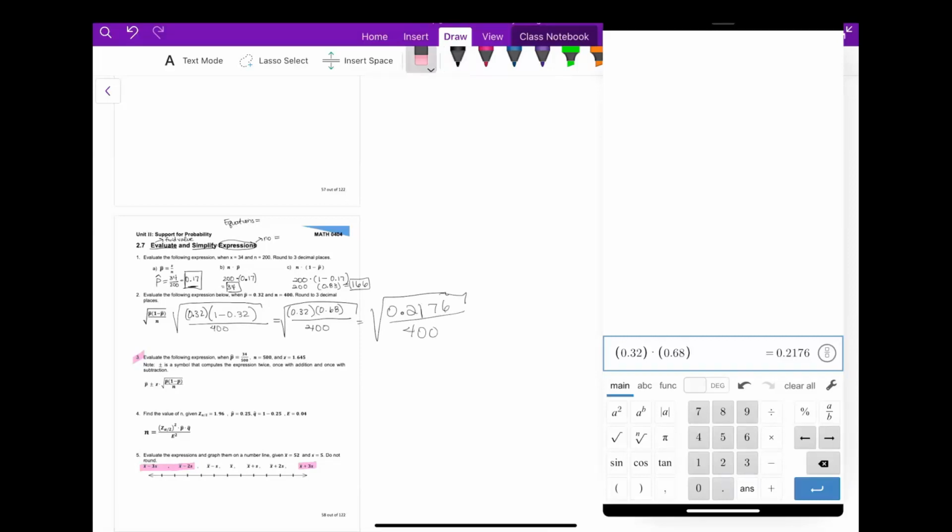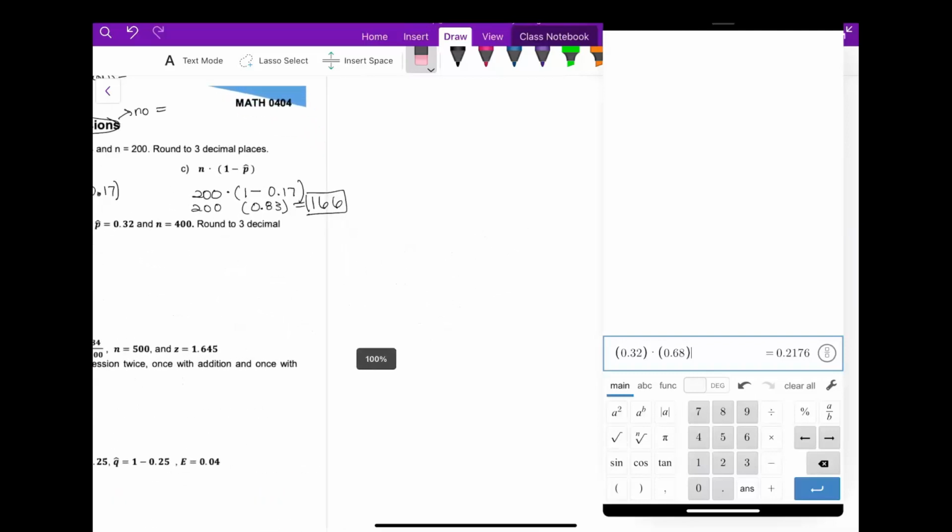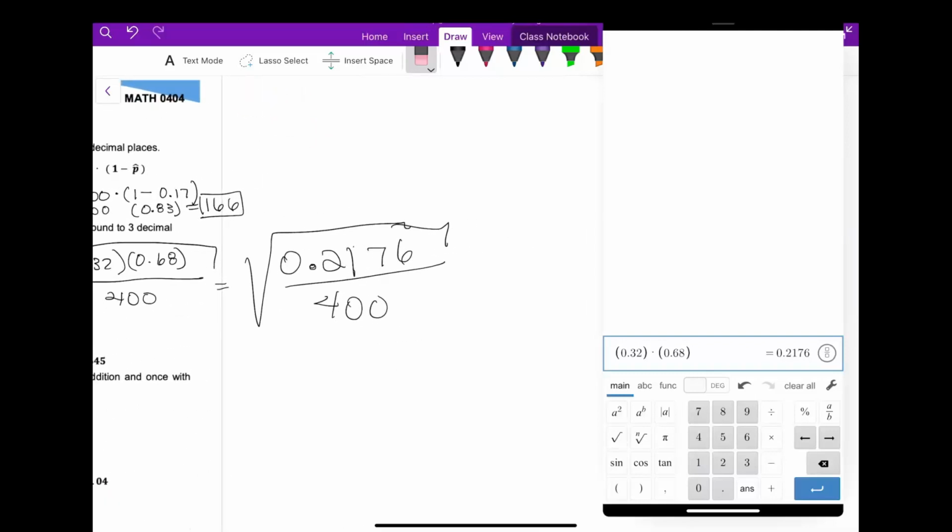Let me remind you that you should not be rounding until the very end. So although this question says to round to 3 decimal places, and right now you see 4 places, you should not round here. The round to 3 decimal places applies to your answer. We are ready to divide. And so we have 0.2176 divided by 400.